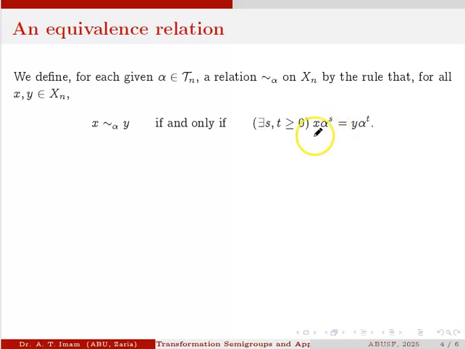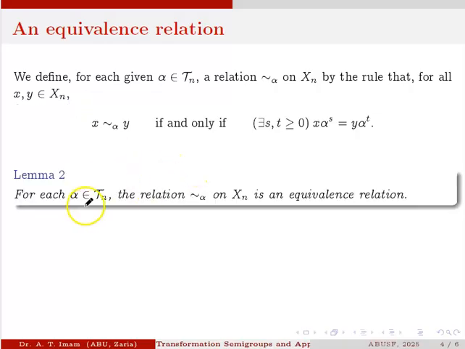Meaning you can apply alpha on x a certain number of times and arrive at the same point on application of alpha on y a certain number of times. So if that happens, then we say x and y are related, where x and y are points coming from the underlying set Xn.